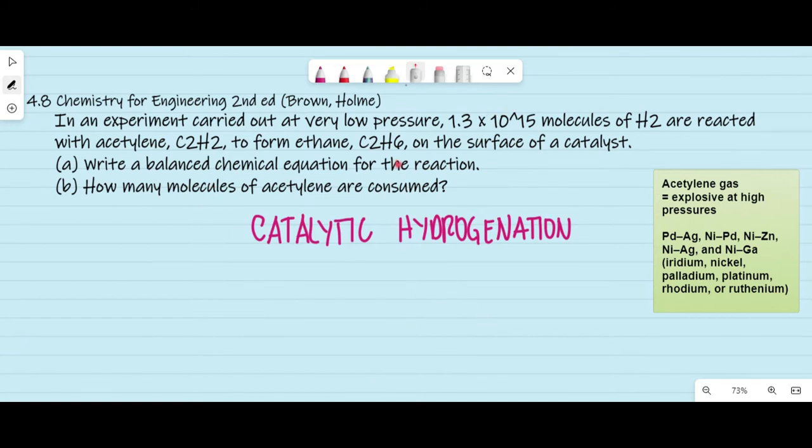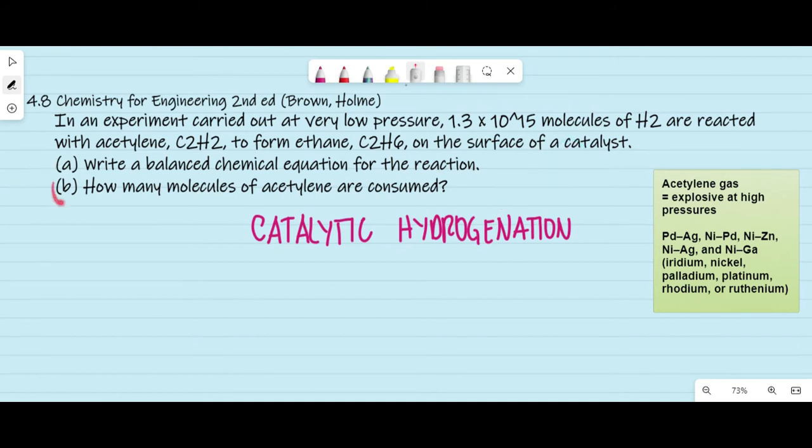Another reason for the need for a catalyst is that we need an enormous amount of energy to break the bonds of acetylene, so a catalyst would help the reaction to proceed.